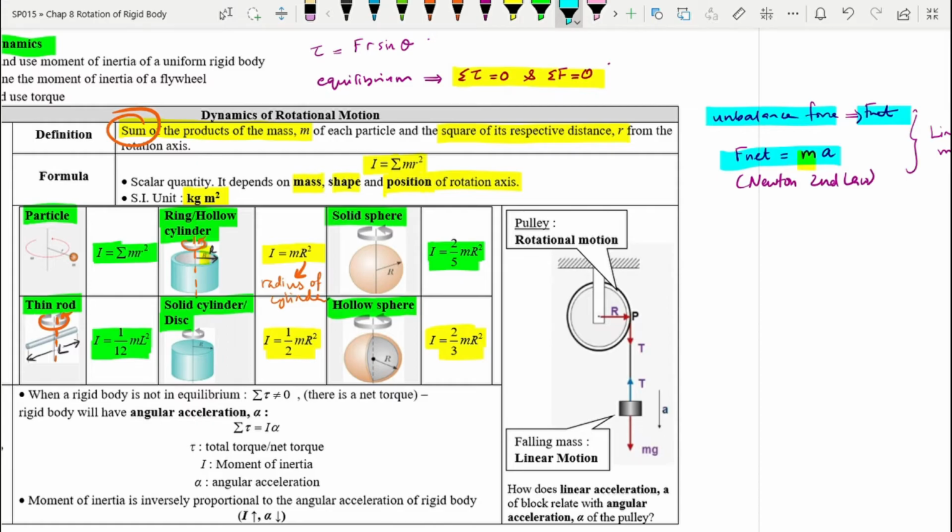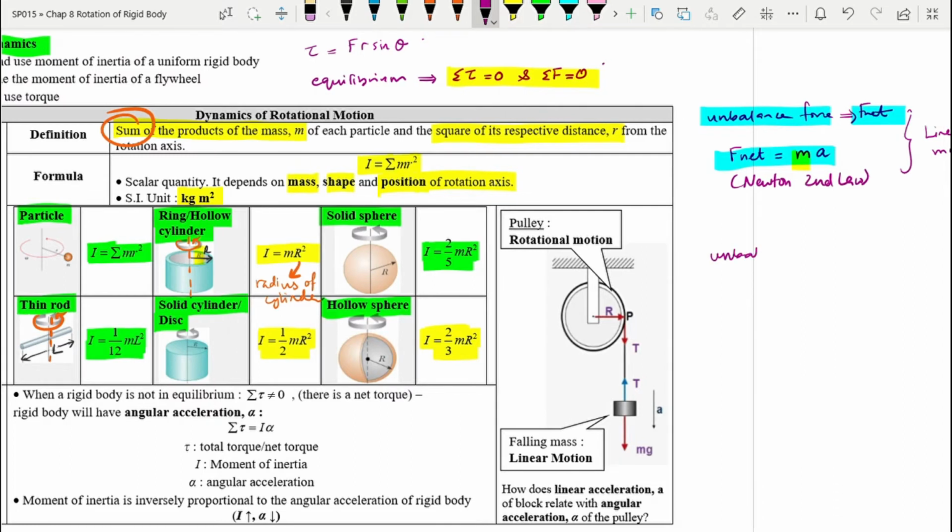Okay, net force tu akan menyebabkan objek tu accelerate in linear motion. Tetapi dalam rotational motion, okay, kita tak gunakan unbalanced force, kita akan gunakan unbalanced torque. Unbalanced torque, okay, maksudnya akan ada torque net. Okay, so torque net kita ni yang akan menyebabkan objek tu akan rotate with angular acceleration.